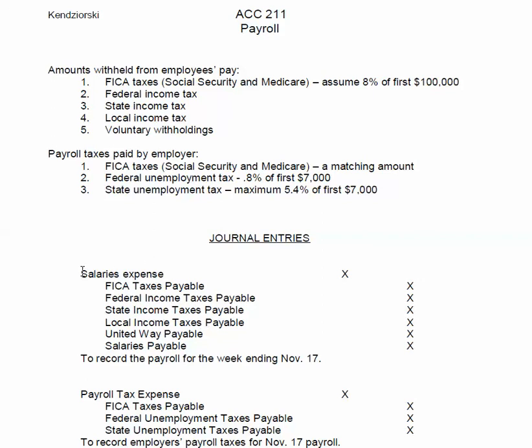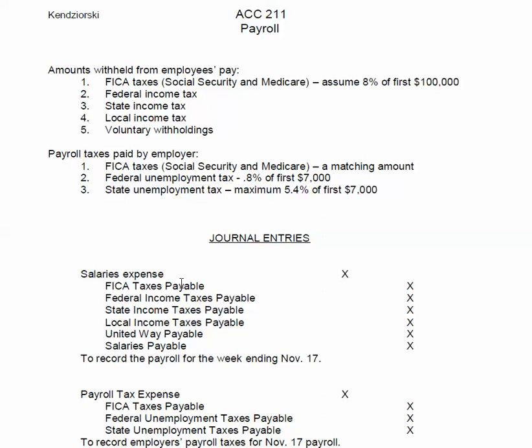Okay, so we've got the gross pay being debited to salaries expense. The withholdings are all these credits, and there's one final credit here to salaries payable representing the net pay or the take-home pay. That's what's left after all the withholdings have been subtracted out.